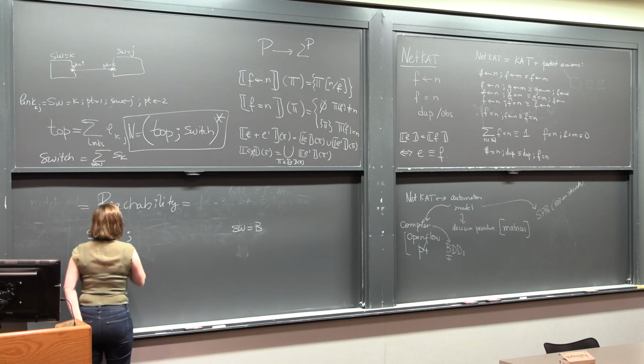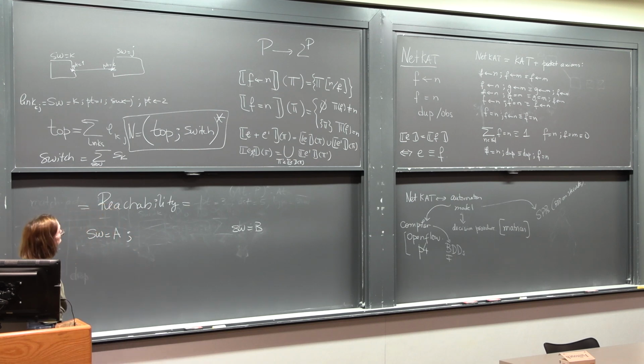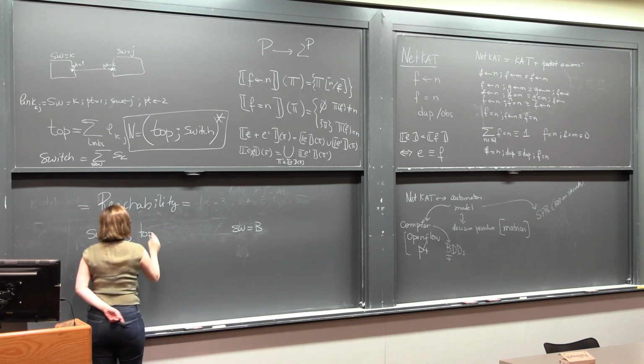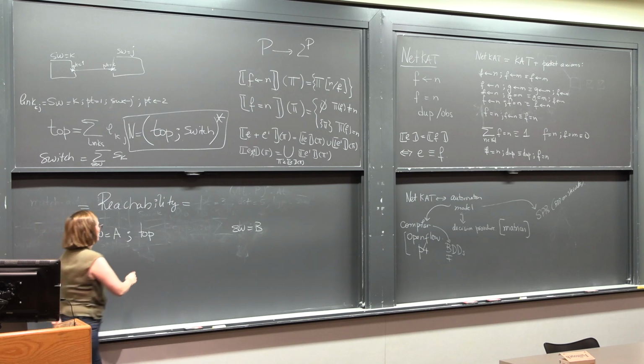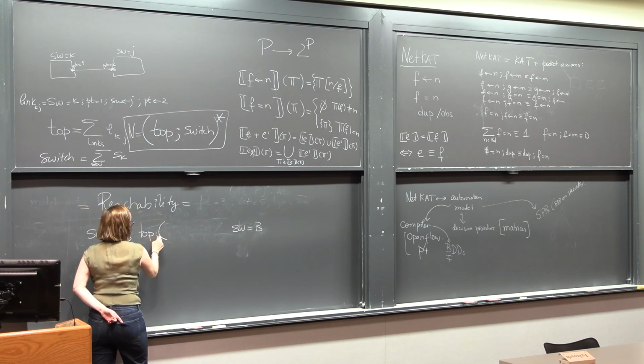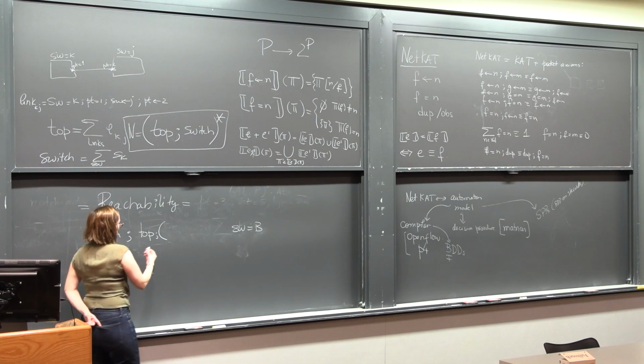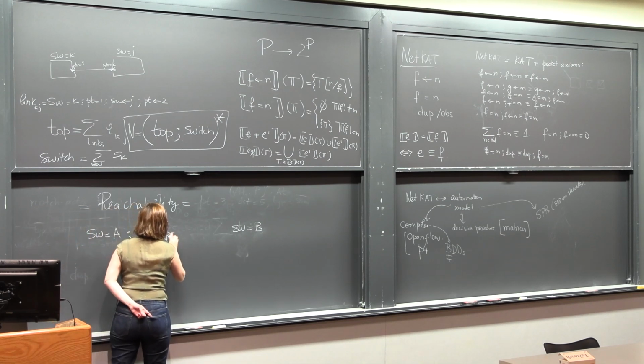Well, I have my network expression that tells me how I get from A to B. So what I can do, I can say, well, either A and B are directly connected by the topology, and therefore I know that there's a link between A and B. Or if they are not connected by the topology, then I have to be able, what did I call that? Switch.